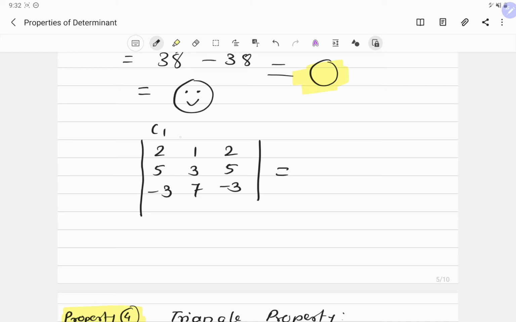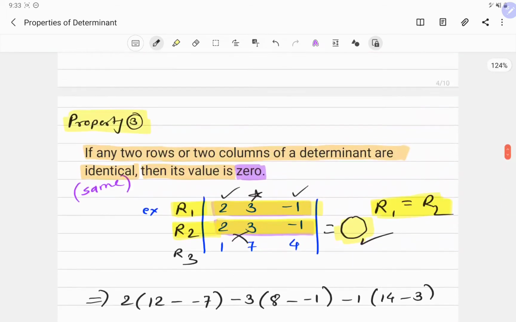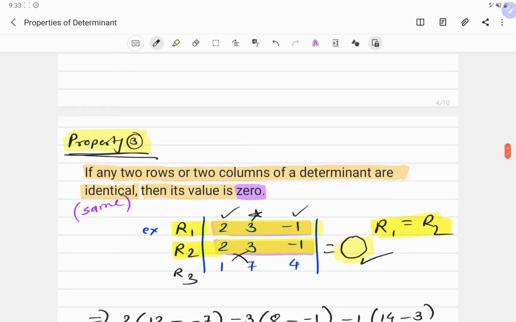If you observe column wise, the first column elements are 2, 5, minus 3, and column 3 elements are also 2, 5, minus 3. Only column 2 is different. But as per this property, if any two rows or two columns of a determinant are exactly similar, then the value of determinant is always 0. So I hope every one of you got the meaning of property number 3.